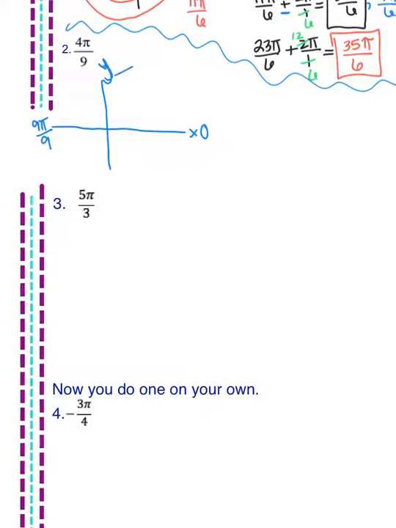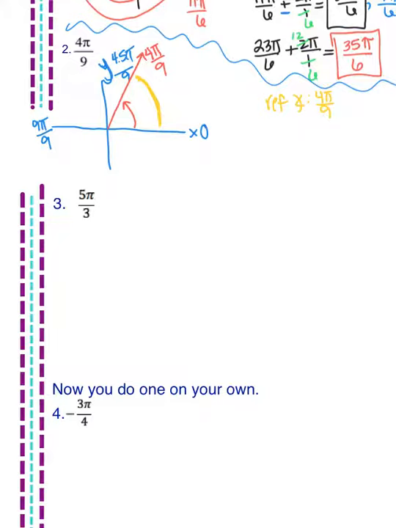So here would be 4.5 pi over 9, if it's half of a pi. So that helps me see that 4 pi over 9 is going to be a little bit before that. Here's 4 pi over 9. The reference angle is easy to see because it's terminal side to x-axis, and since this is just in the first quadrant, my reference angle is just 4 pi over 9.